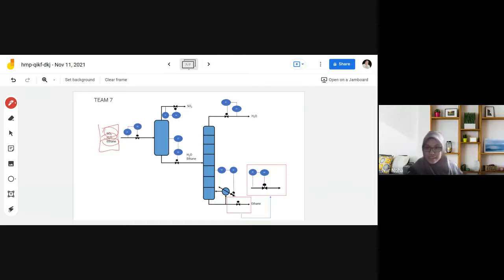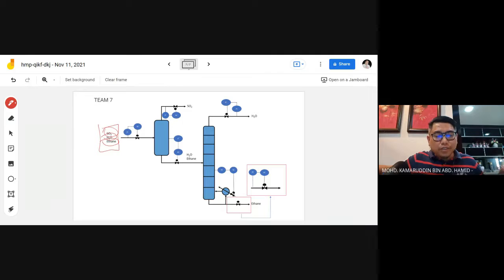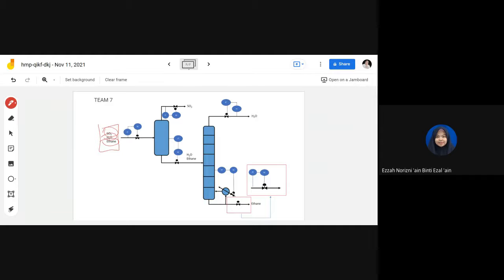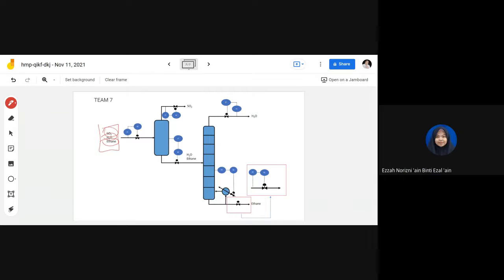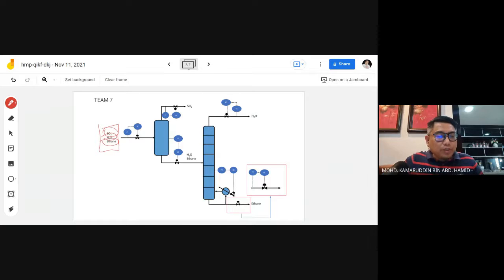Sebab tak ada high temperature. Ada high temperature? Good try, but not the right answer. Yang lain? Combine with water. Sebab dia bind with water. How does it bind with water there at the feed?